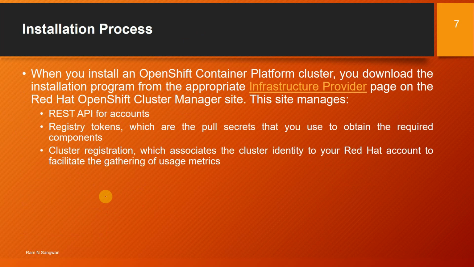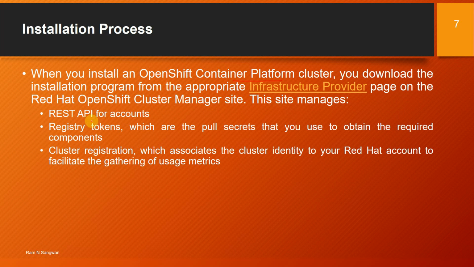The installation process. When you install an OpenShift Container Platform cluster, you download the installation program from the appropriate infrastructure provider. That is, we have to visit cloud.redhat.com/openshift/install or the other platform page on the Red Hat OpenShift Cluster Manager site.